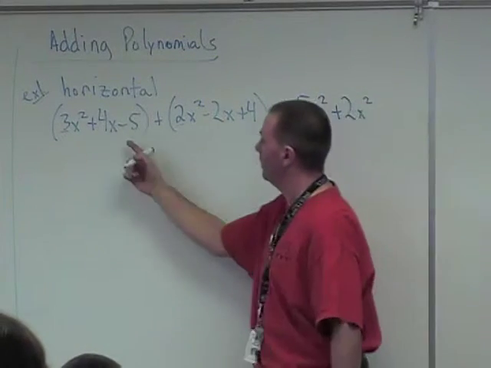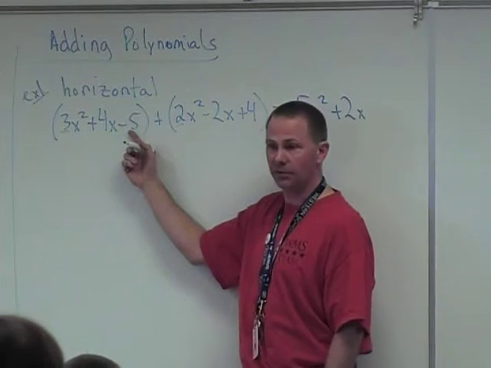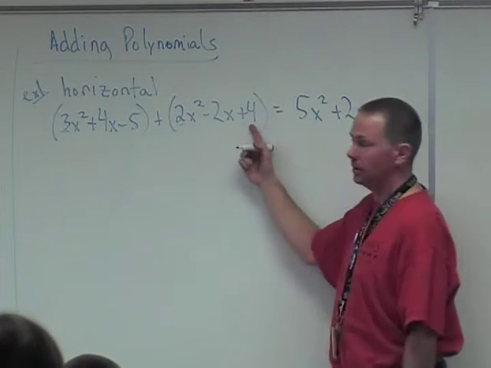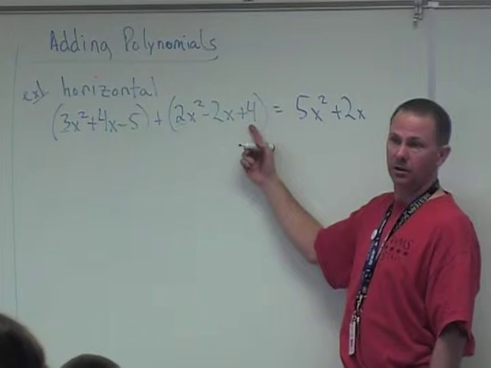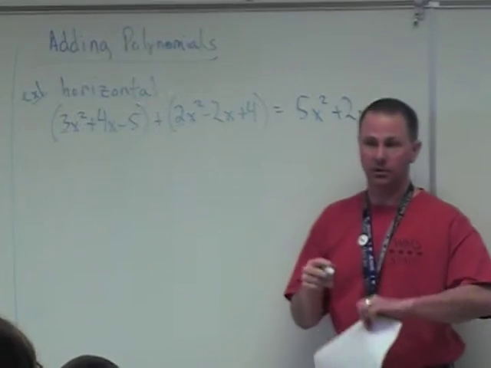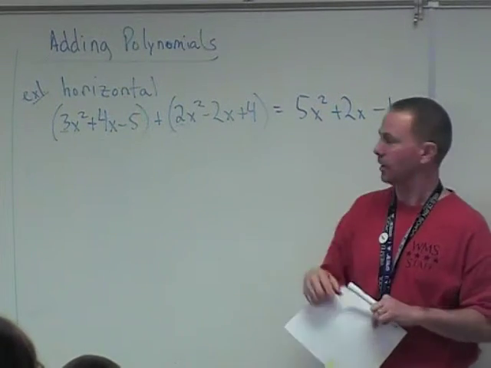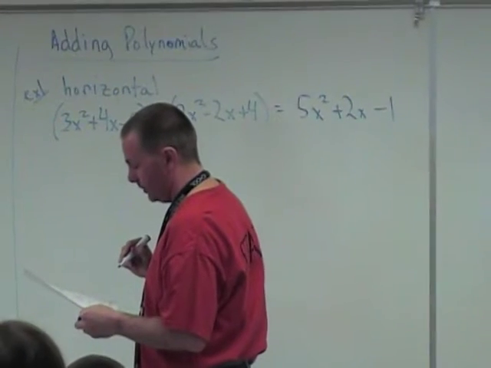And here you have a minus 5 or a negative 5 plus positive 4. Negative 1. So you can say minus 1 or you can say plus negative 1. Now I want to look at this next one, adding it vertically.